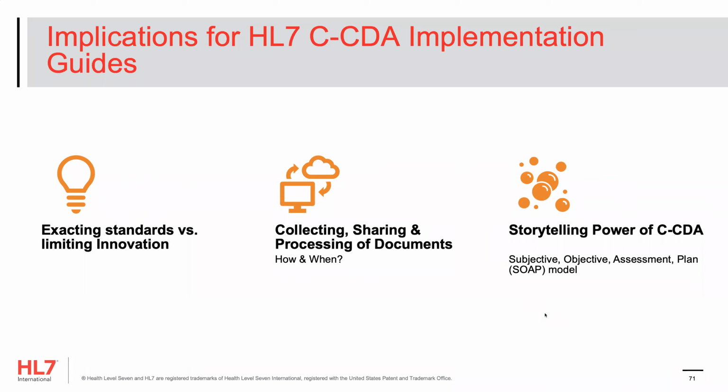And to reference the SOAP model here, if I'm building the document, and I have an idea of when this document comes into play, and I know when it's being used, it makes more sense to me to know that, oh, this is a CCD that's being created early on in the process, and I don't expect it to be a complete document, because it's only at the subjective part, for instance.